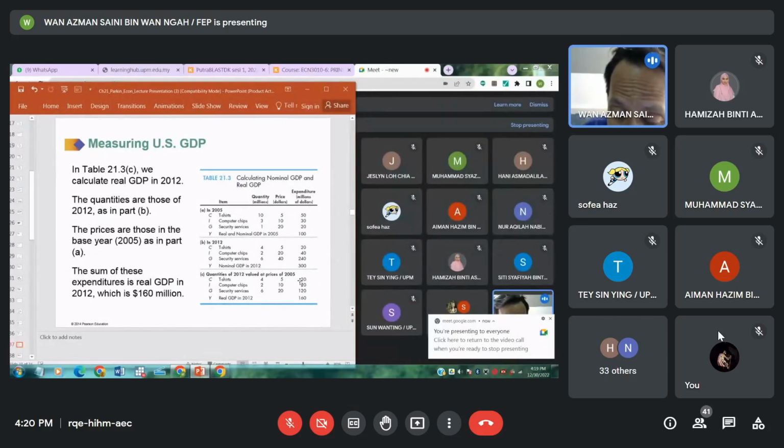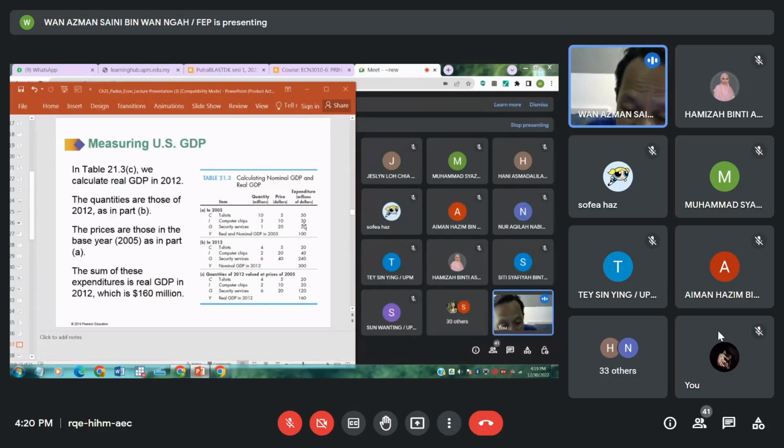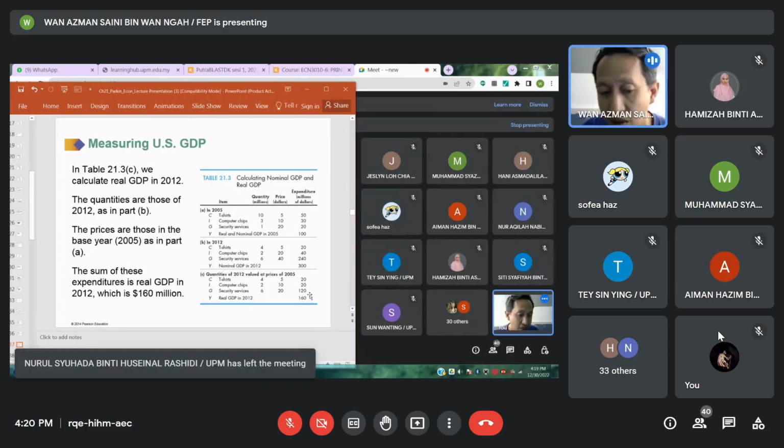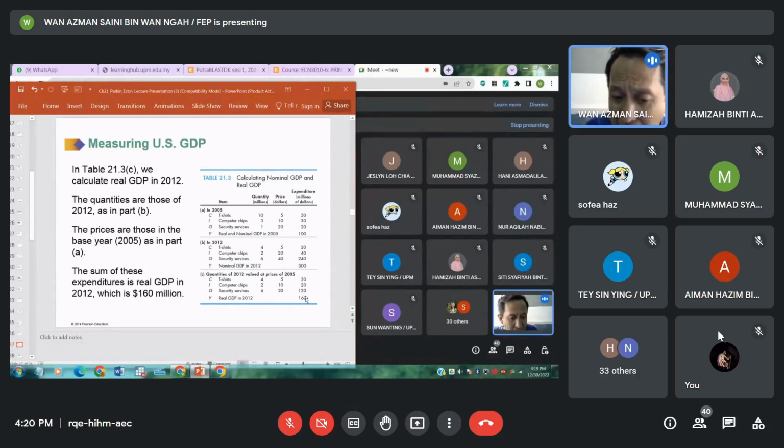And this is the market value. You can see that the market value of T-shirts has gone down from 50 million to 20. Computer chips also going down from 30 to 20. Only security services has gone up. So in total you get this. Now you can see that real economic activity, or quantity, has actually increased by only 60%.